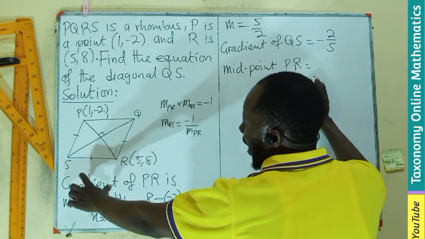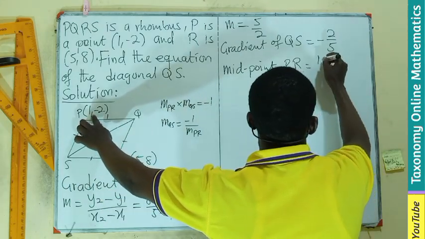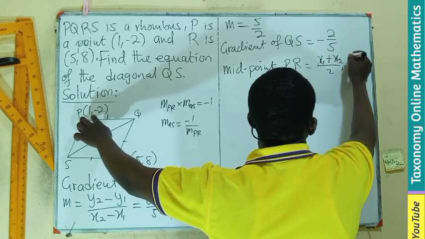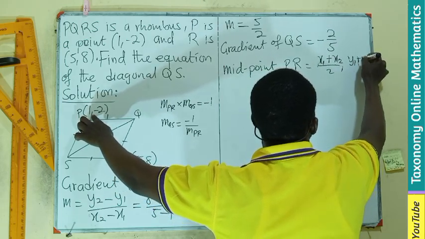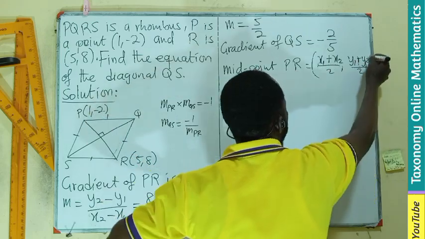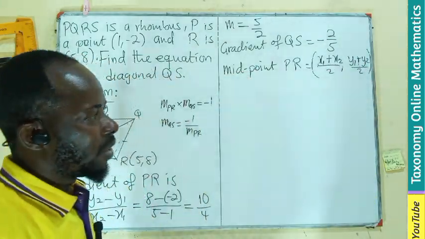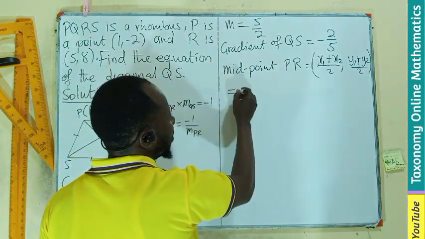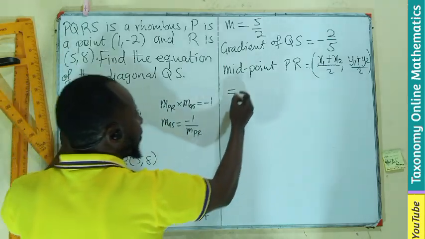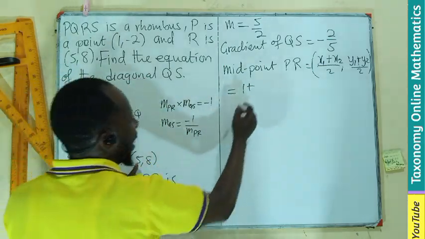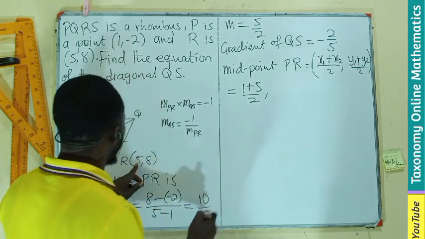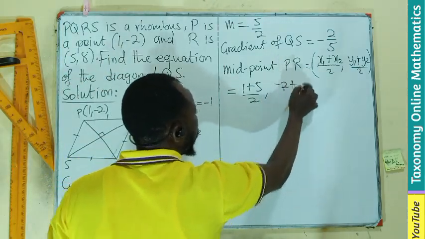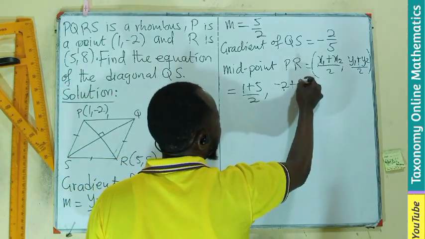The midpoint is (x1 + x2) divided by 2, (y1 + y2) divided by 2. This is what we use to find the midpoint. So this means that I have the first x plus second x divided by 2, first y, which is -2, plus the second y divided by 2.